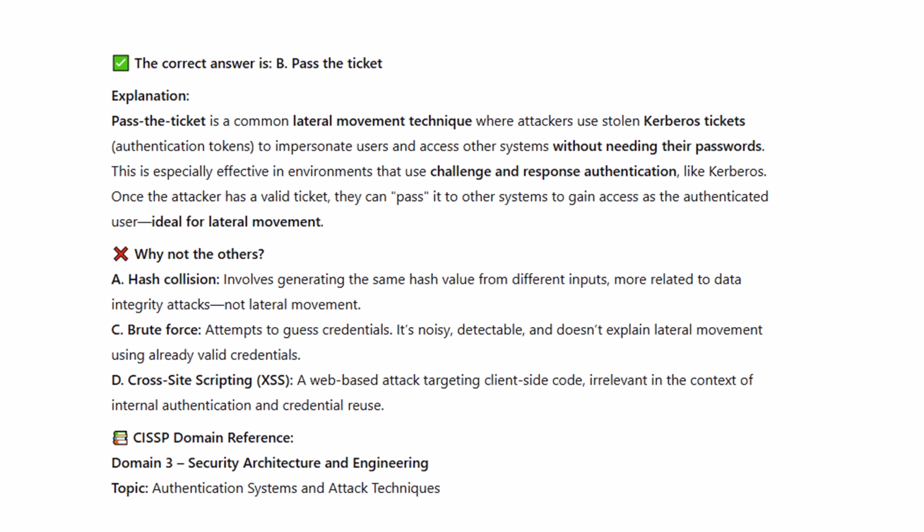Once the attacker has a valid ticket, they can pass it to other systems to gain access as the authenticated user, ideal for lateral movement. And again, this is very common in hybrid environments that use Microsoft domain controllers. So pass the ticket is a very sophisticated and common attack in Microsoft domain environments.